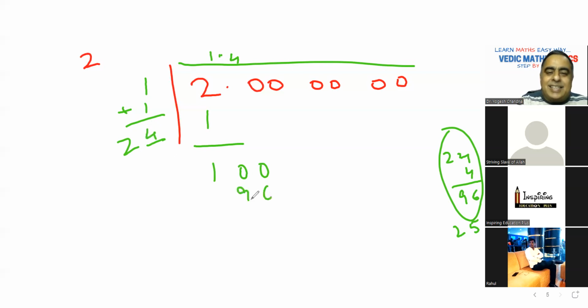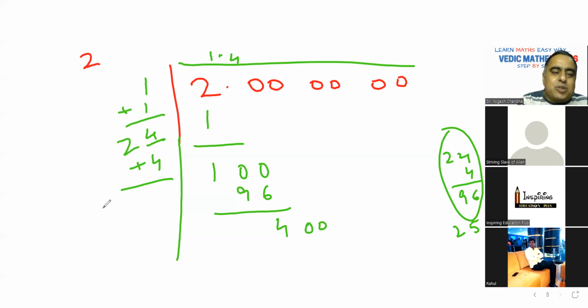So 96, 4 and 00 now. Here 24 plus 4 becomes 28 and a space. Now, just think of it: 2, 8. How much? You cannot multiply by 2. It has to be 1 only.